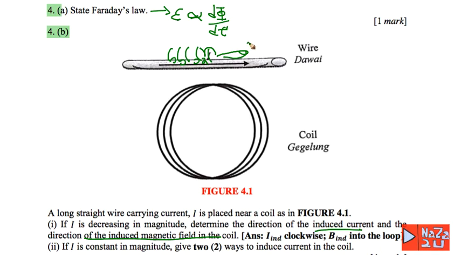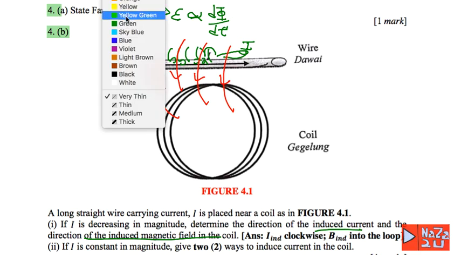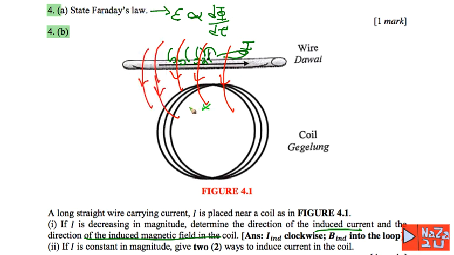This is the direction of the current flow, your thumb, and your gripping fingers go into the page at this part, so the magnetic field B is into the page. So I write the direction of B here, B produced by the straight wire.